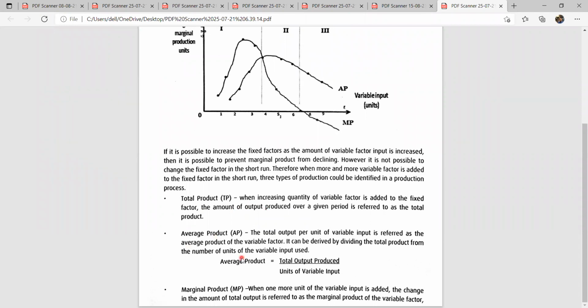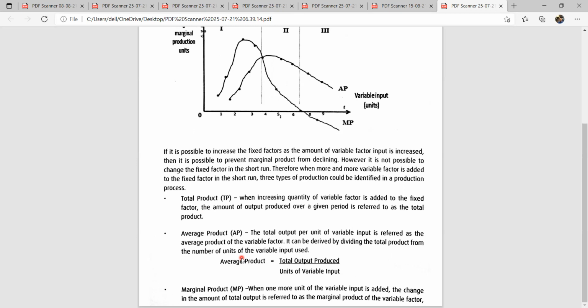Then average production simply means productivity of workers. The productivity is calculated when total output is divided by the number of variable input, in other words, the number of workers. Average production increases initially, then it falls.